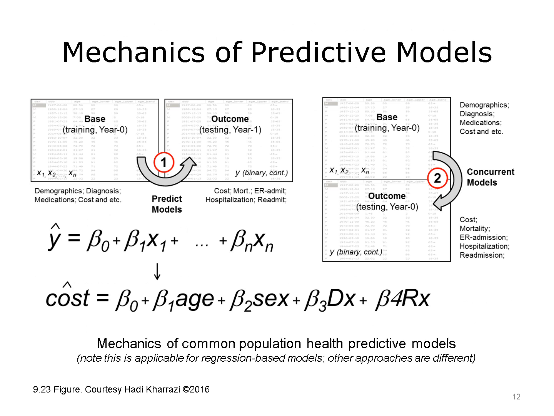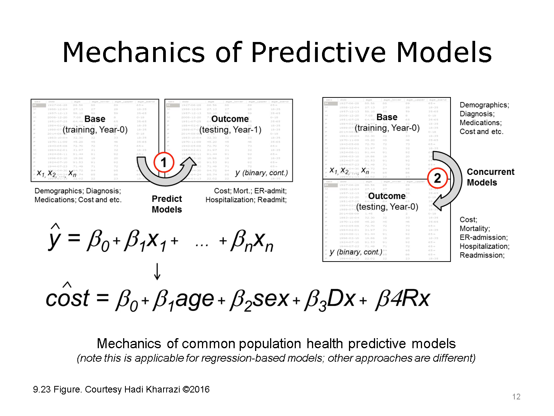This diagram shows the two common methods of extracting information for population health models. In predictive models, as shown in Circle 1, the base dataset, which is usually 1 year of claims data, is used to provide all of the independent variables for the model. However, the outcome dataset, which is next year's claims, provides the outcome, such as cost.